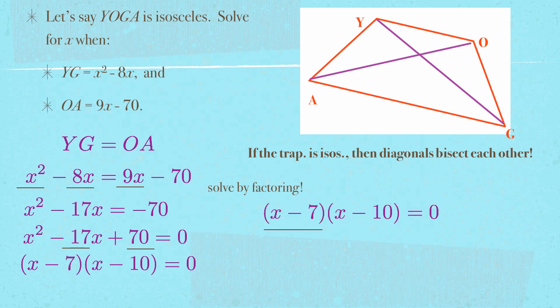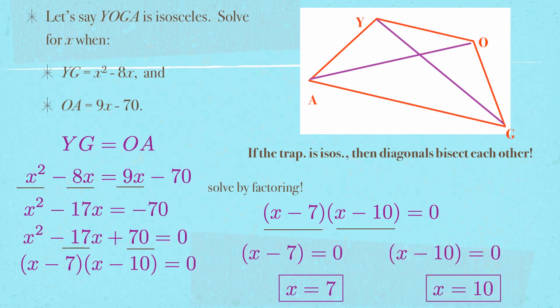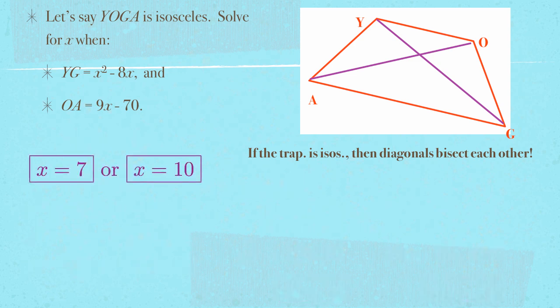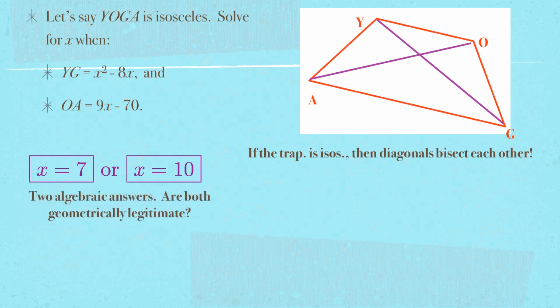So then the first term, x minus 7, could equal 0. Or the second term, x minus 10, could equal 0. So I have two potential answers, x equals 7 or x equals 10. Those are the two algebraic answers, but are they geometrically legit?